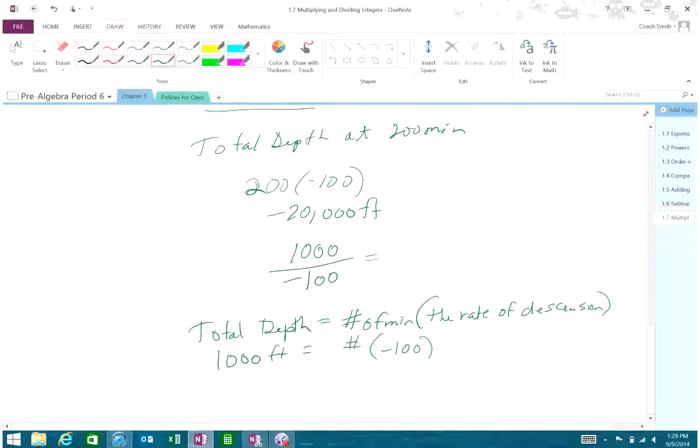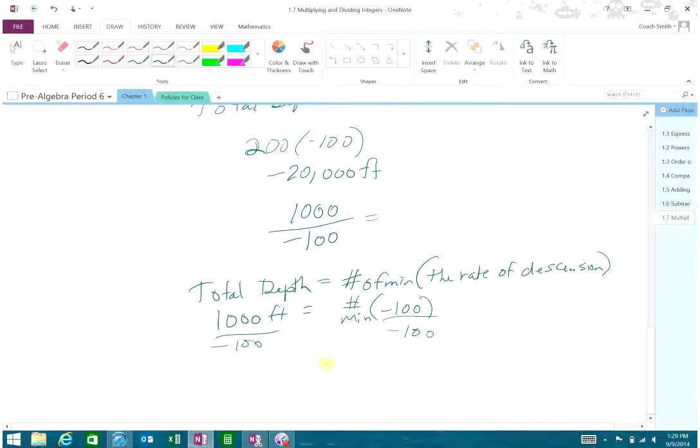Okay, so this would be the number of minutes. Well, to find the number of minutes, you just simply divide negative 100 into both sides. And that gives us the number of minutes is equal to what? Nope, 100 into 1,000.